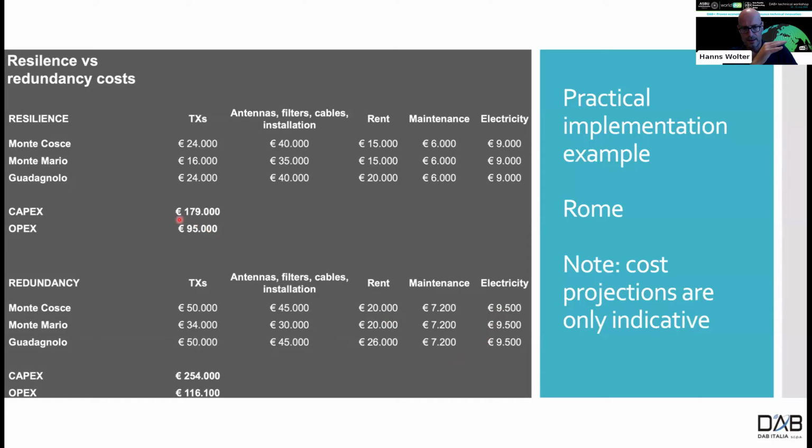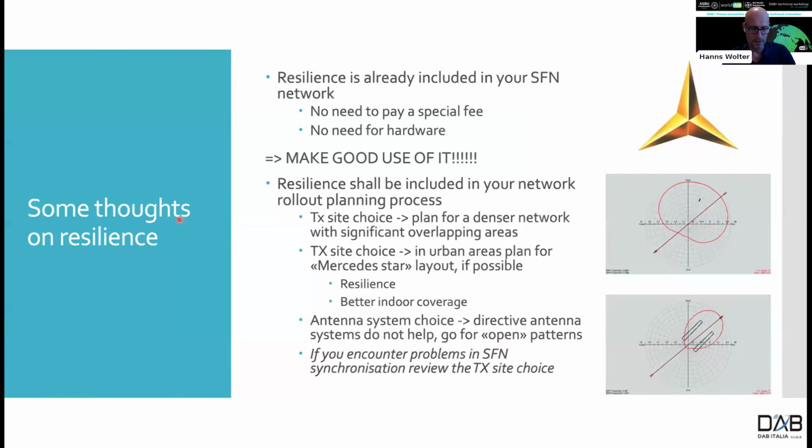Of course, this is a specific example, but it is quite significant, especially if you then have to scale this up to a national network. So I'm not saying that in strategic sites you should not think about redundancy, but that probably you can, in some cases, skip over redundancy and think about resilience because it will allow you to lower the costs.